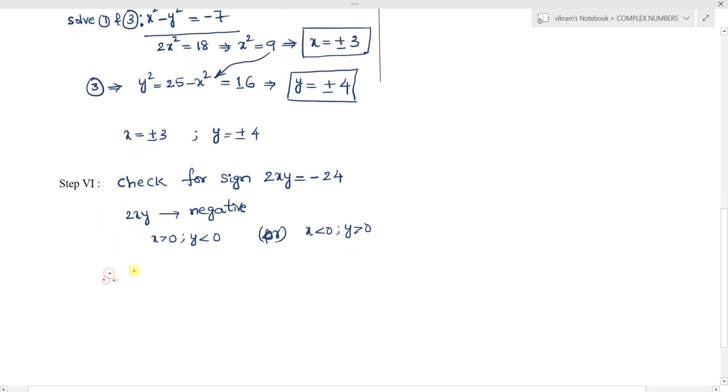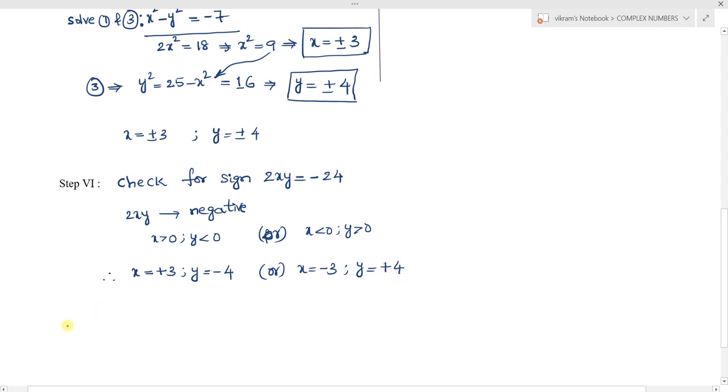Therefore we can write: if x equals plus 3, then the value of y we need to consider as minus 4. If x equals minus 3, then we need to consider y equals plus 4.